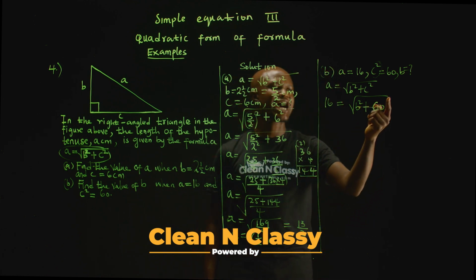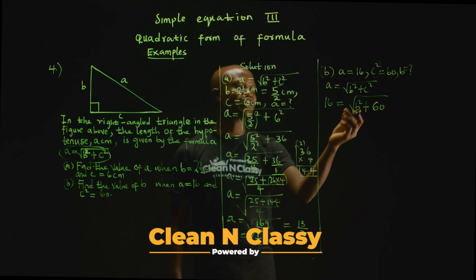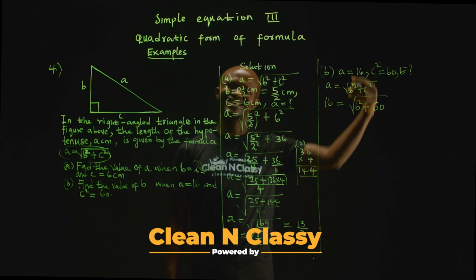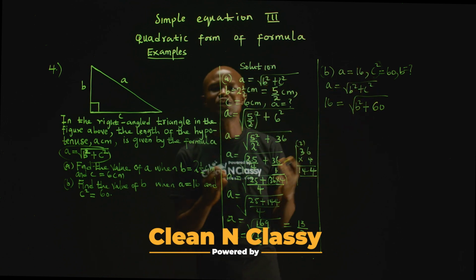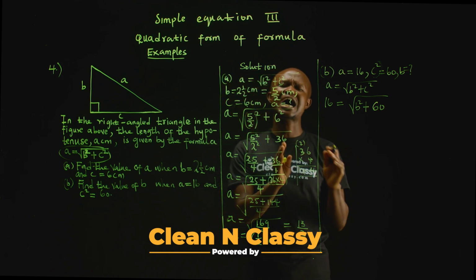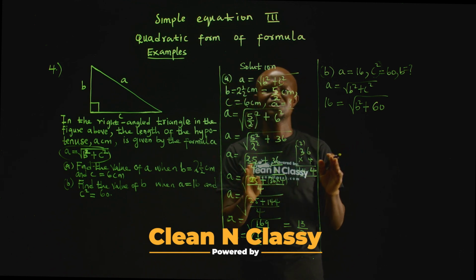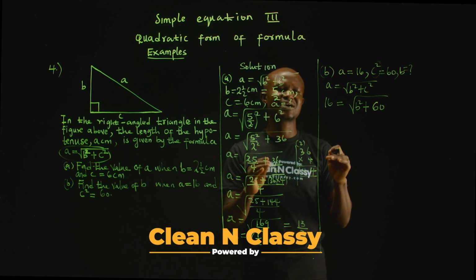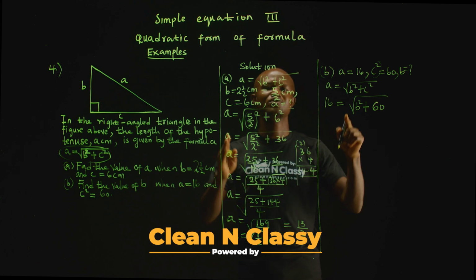Now, you are having a square root, and the unknown that you want to look for is inside the square root. Now, what do you need to do? You are going to ensure that you remove the square root. How do you remove a square root in an equation? You square both sides to remove the square root.